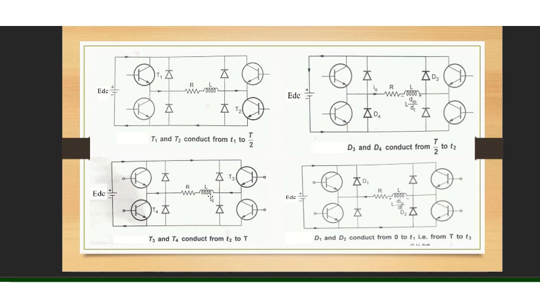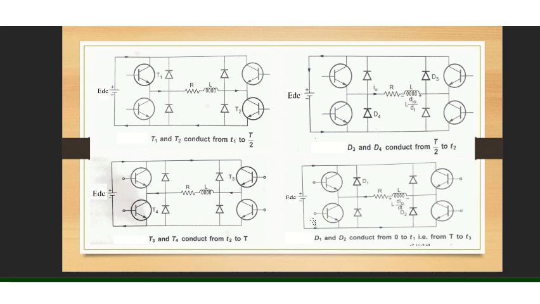So the direction of the voltage and the current will be in this direction. Now both the current and the voltage are in the reverse direction, and again both are in the same direction.